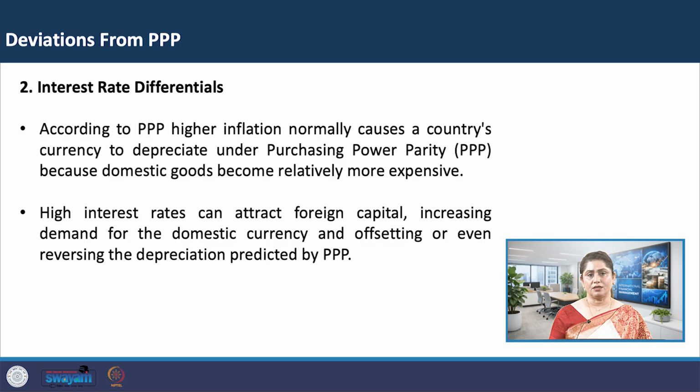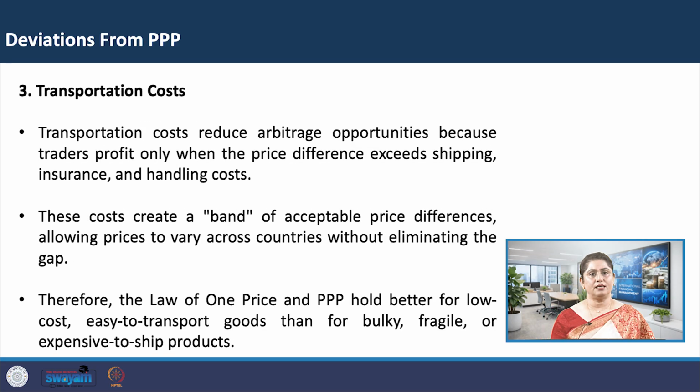This shows that exchange rates are shaped by several forces at the same time. Relative prices and inflation matter, but so do interest rates and international capital inflows. Third is the transportation cost.